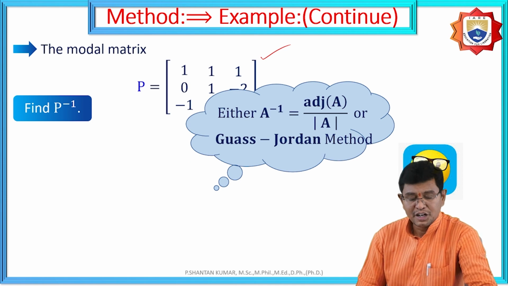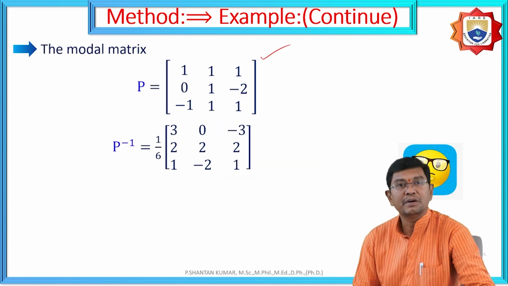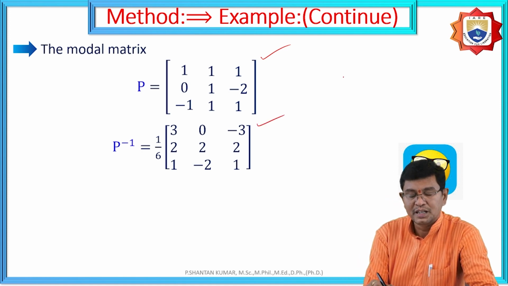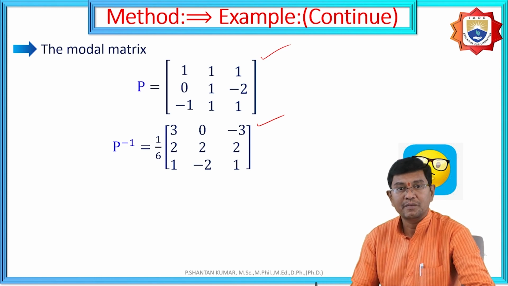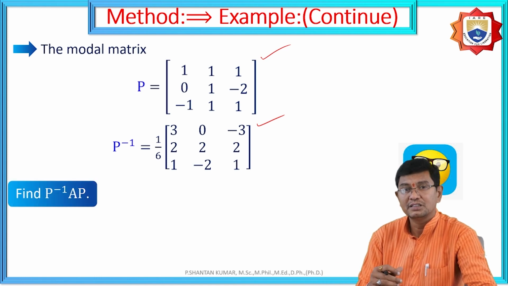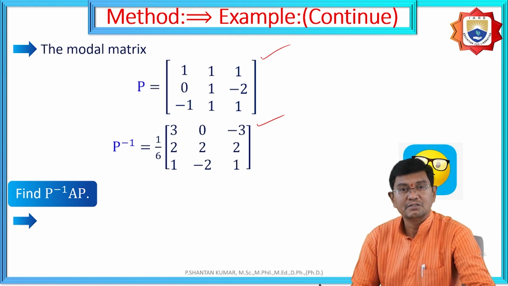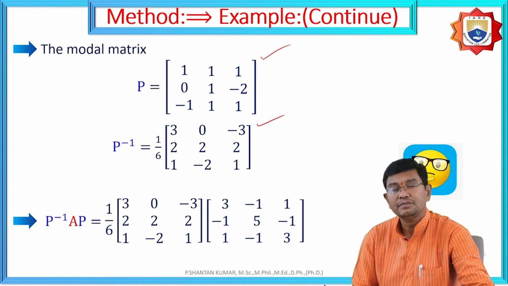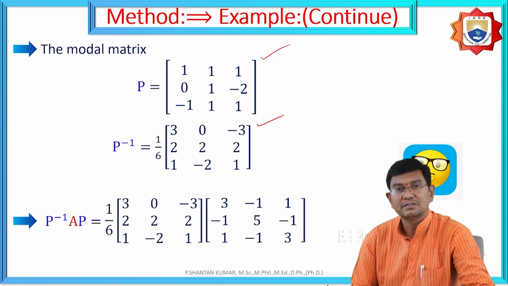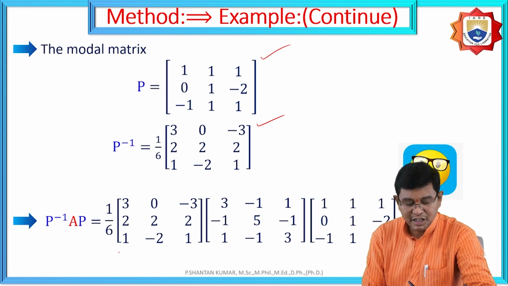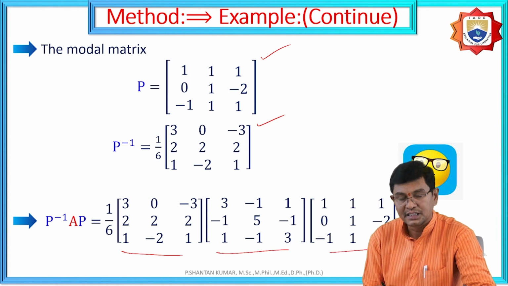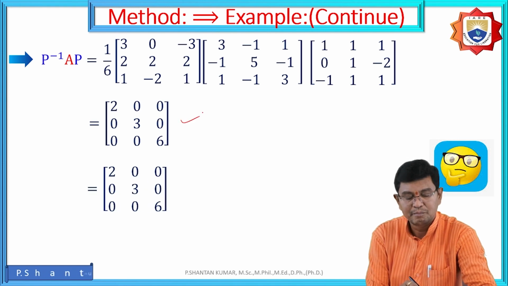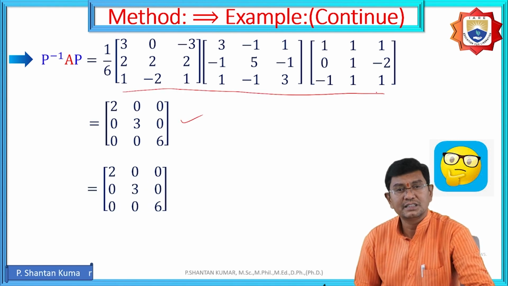And here we obtain P inverse clearly as a matrix. Next, after we obtain P inverse, by the procedure we need to calculate P inverse A P. Here P inverse is the inverse matrix, A is the given matrix, and P is the modal matrix. After multiplying these three matrices one by one, we obtain clearly that the matrix is reduced to the diagonal matrix with 2, 3, 6.